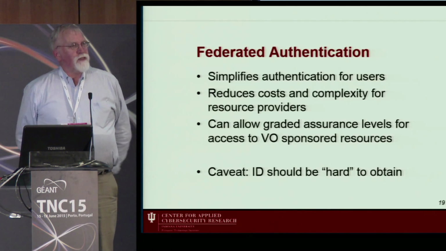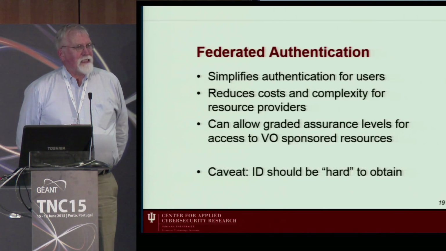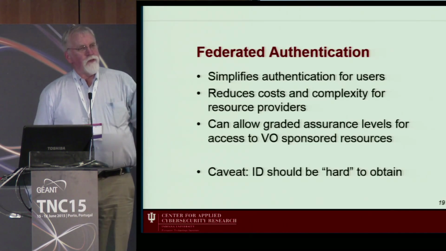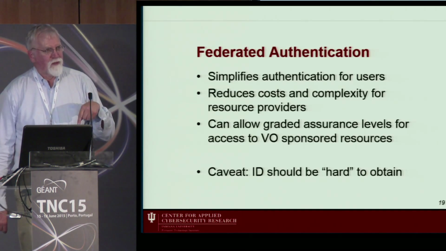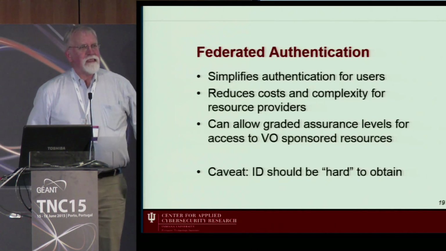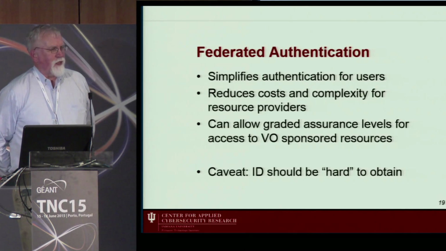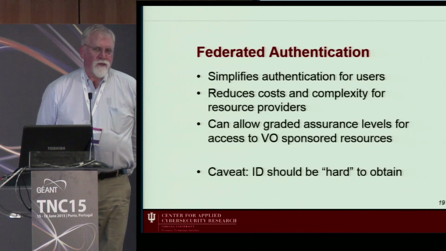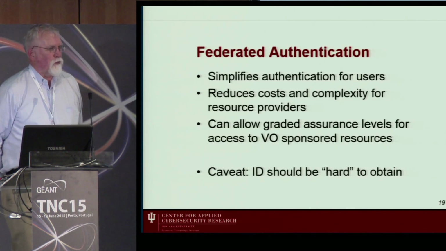If you're using a social identifier, it's very easy to create a new one and come back in again. So there's some resistance at the resource provider level to allowing social identifiers from that point of view.